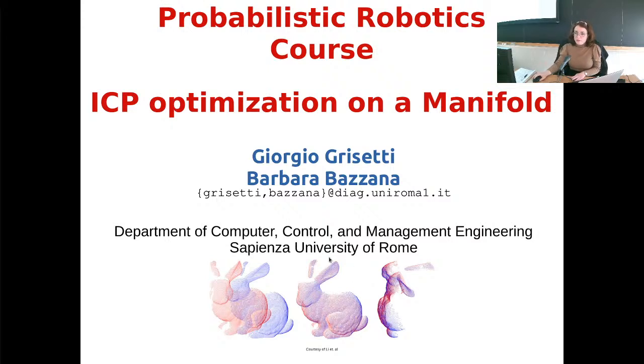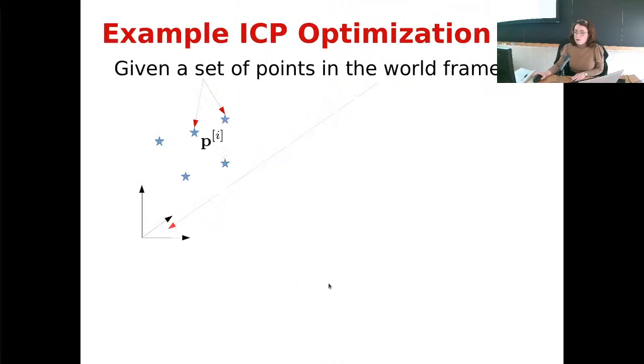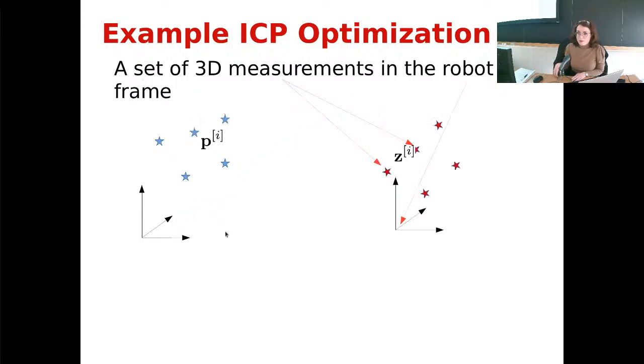So, after this very brief introduction, let us start talking about ICP in 3D. ICP is formulated as follows. We have a set of points in the world frame, which we indicate by pi. And we have a corresponding set of 3D measurements in the robot frame.